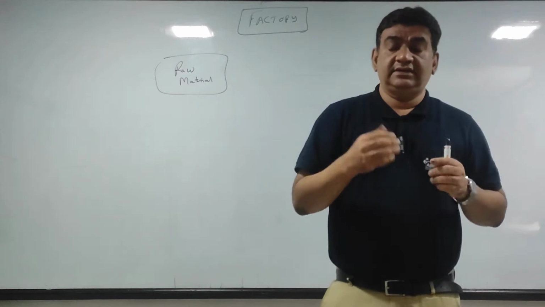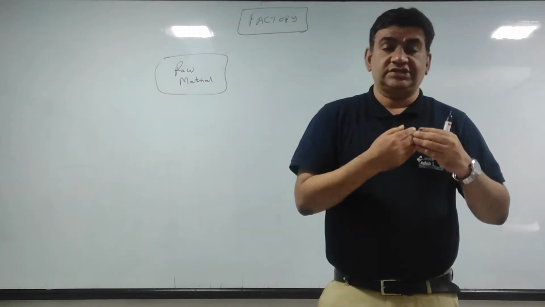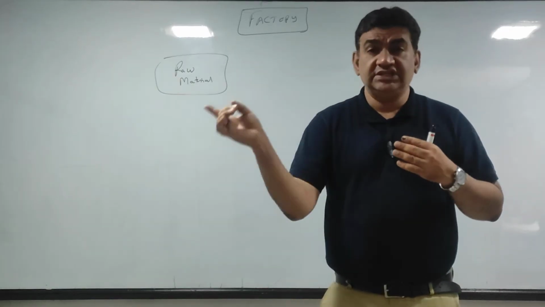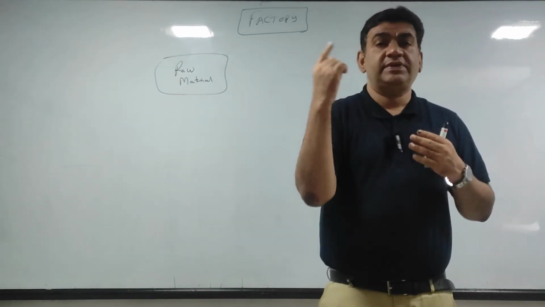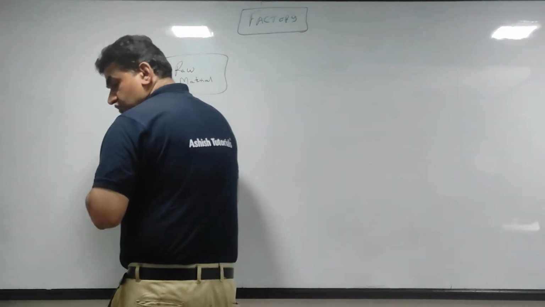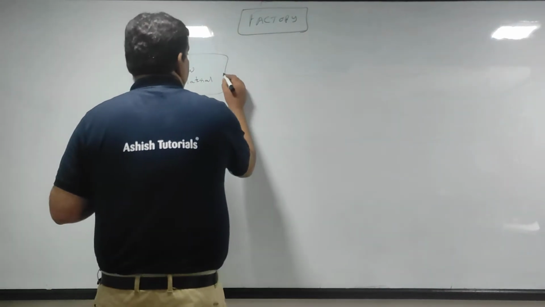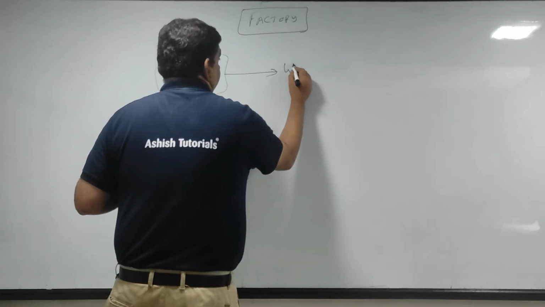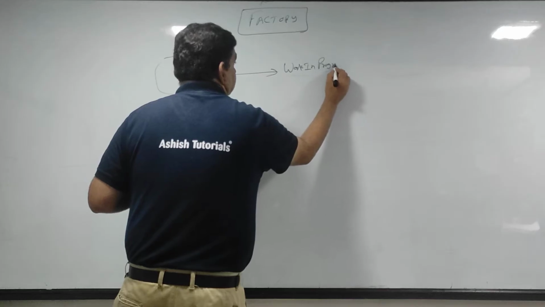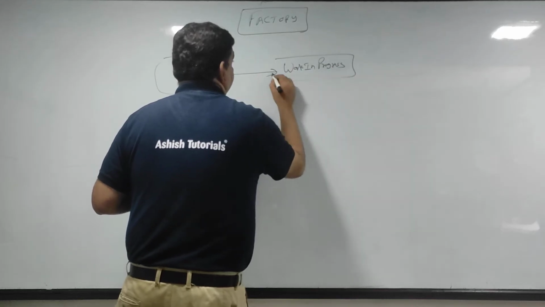That raw material I will further process. Workers will work on it. Processing will happen in the factory, and factory expense will be incurred. So it gets processed. Raw material will be processed at a later stage into work in progress.